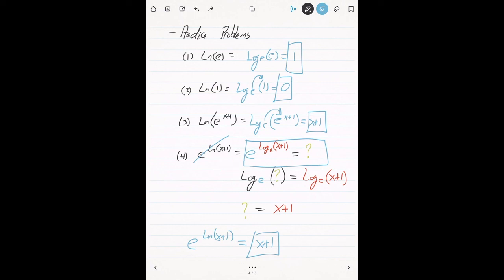We took log of base e, that's the base, the argument is what we get out, and logarithms always equal the exponent that you're trying to find. So we had this setup, and we can ask ourselves, okay, what's missing here? These two are identical, they're the same thing. So what could this unknown quantity be? X plus 1.